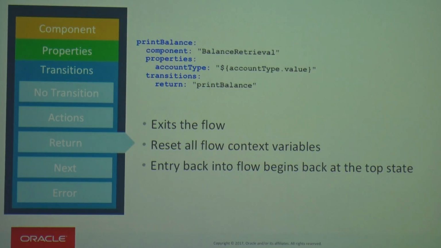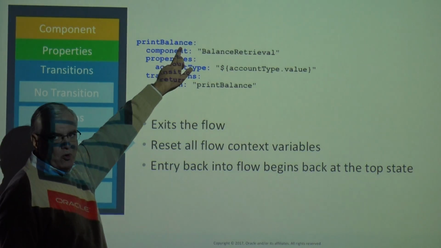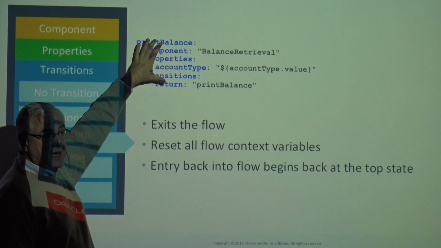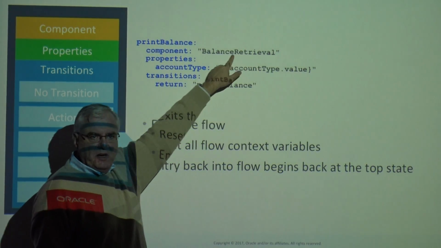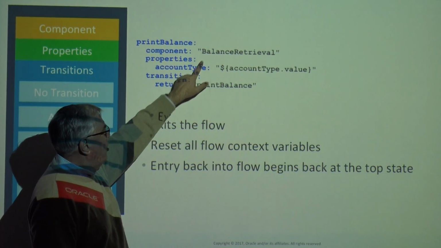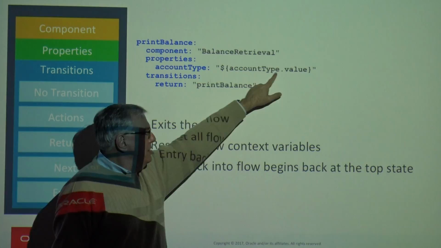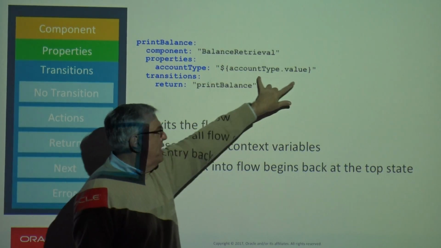Now return. You can see here we're calling a function called print balance. So this is the name of the state. We're calling the backend function, balance retrieval. We're copying that into an account type variable, and you can see here we've got curly brackets.